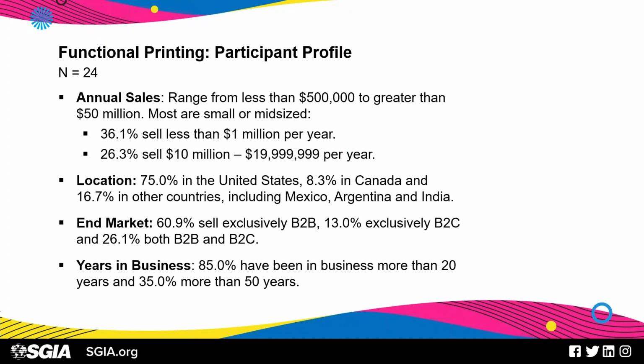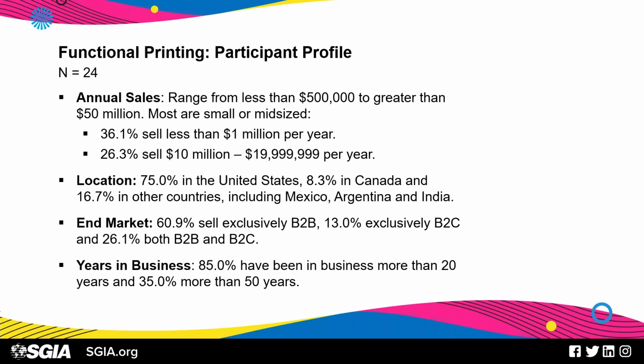Nearly 61% sell exclusively business to business, but again, about 1/4 also sell to consumers, and a small percentage sell exclusively to consumers, and they've been around a long time. A lot of experience. 85% have been in business more than 20 years.